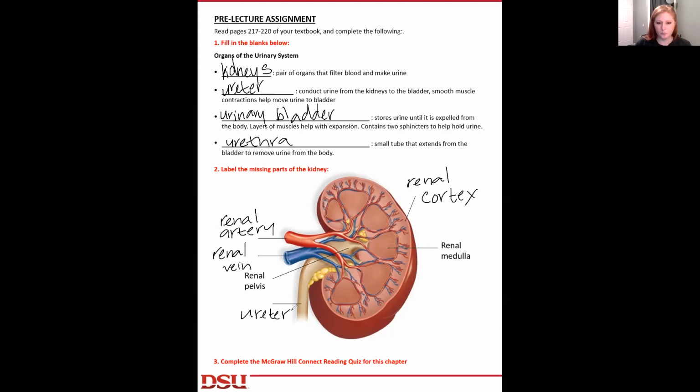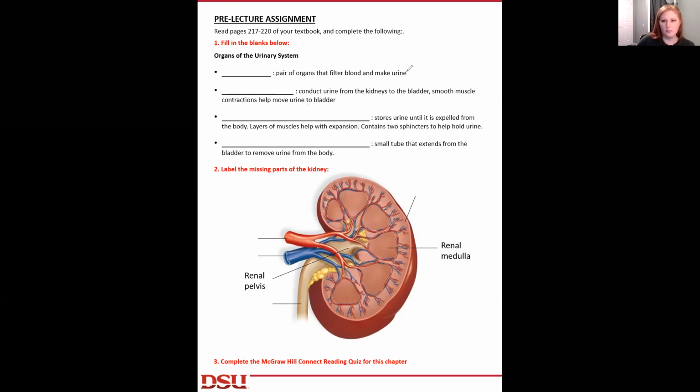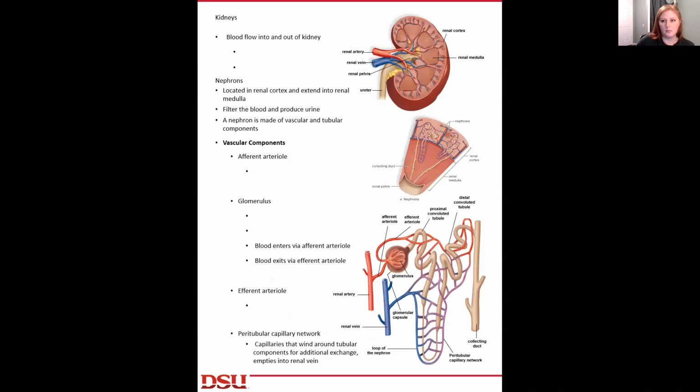Okay, all right, let's move on. Blood flow into and out of the kidney. This is pretty basic because we already know that oxygenated blood is coming through arteries.